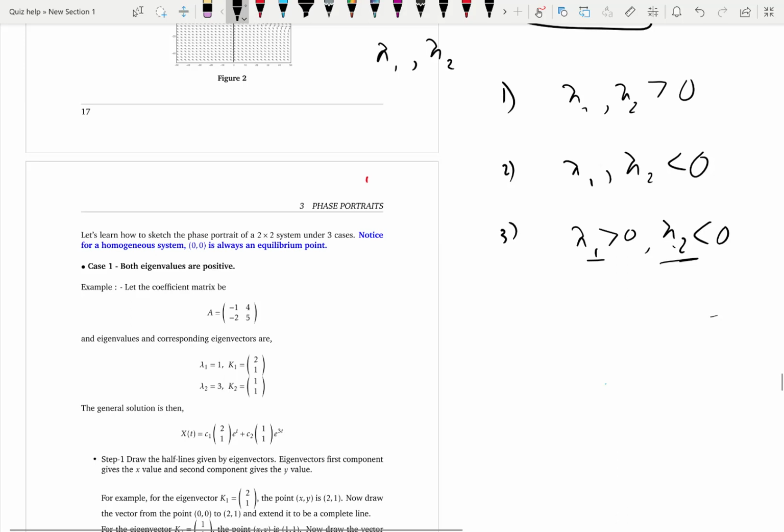The order doesn't matter here; maybe lambda 2 is positive and lambda 1 is negative, but this is a mix of signs. What type of phase portraits and behavior do we get? We have to understand these three cases separately, and that is what we are going to do in the next video. This is just an introduction to phase portraits. See you in the next video.